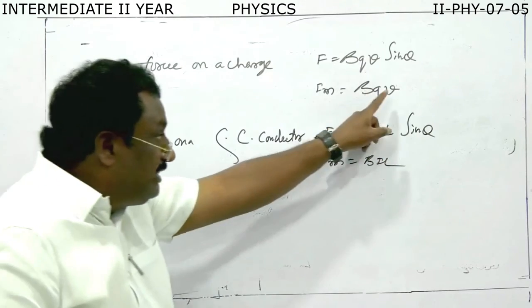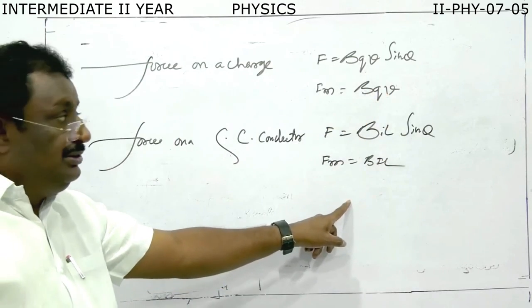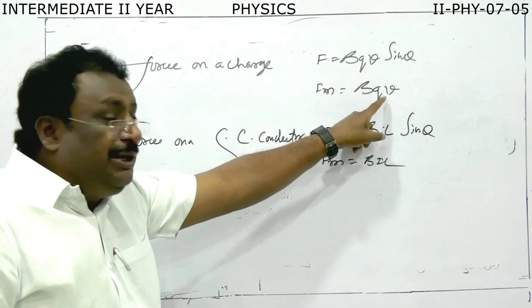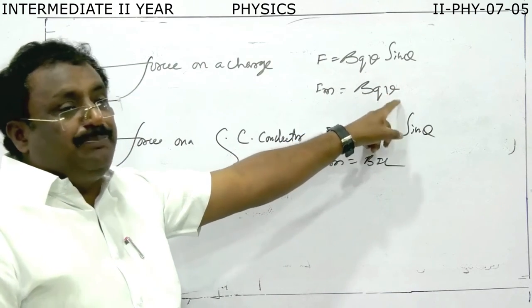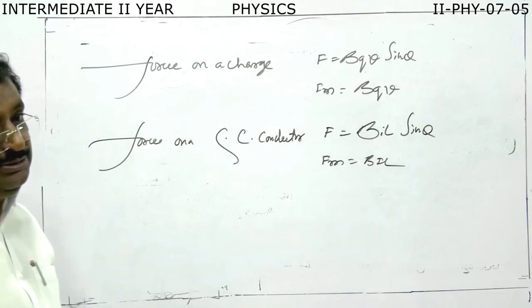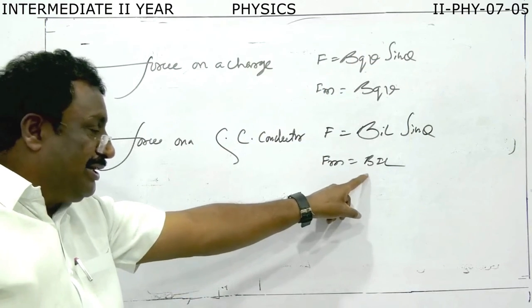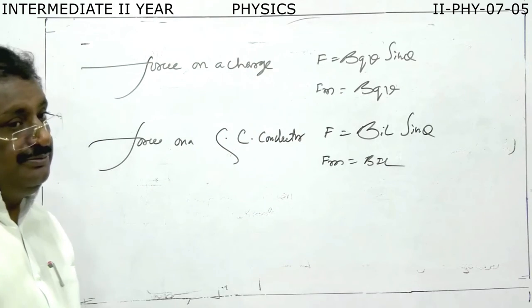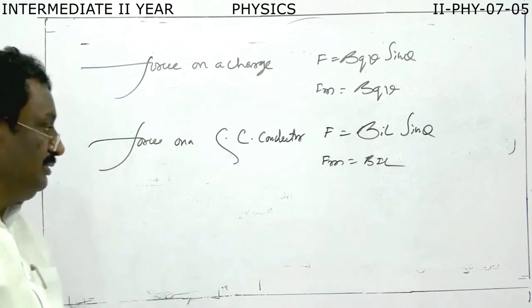Now, in both cases, when the direction of velocity is perpendicular to the magnetic field, it experiences maximum force. Here also, when the conductor is perpendicular, maximum force.